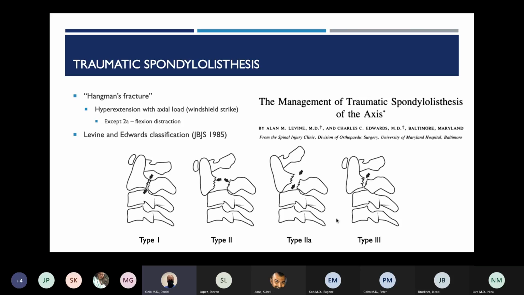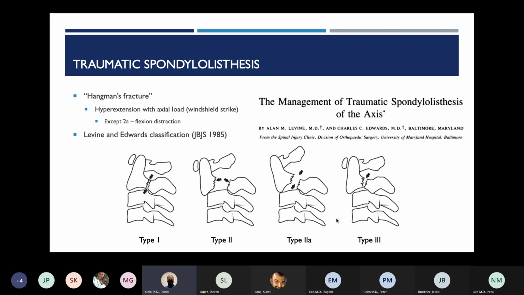But the 2As, if you put them in traction, you make them worse. So the reason they developed the 2A classification is to make sure people didn't do that, because we used to treat a lot of these in traction for a couple of days to a couple of weeks to let them get sticky, and then put them in a halo, so you'd maintain the reduction.